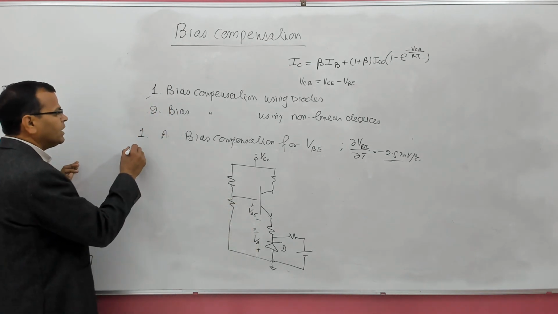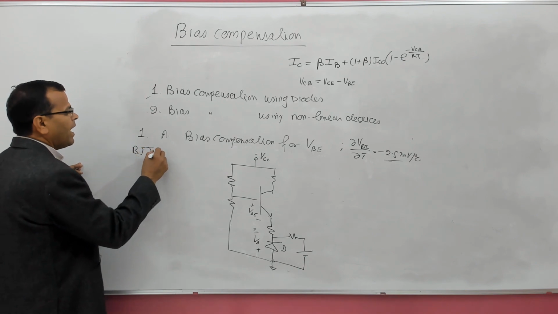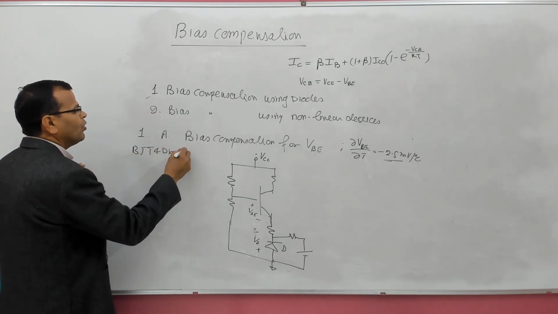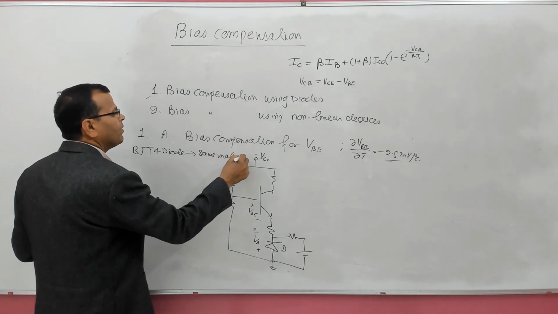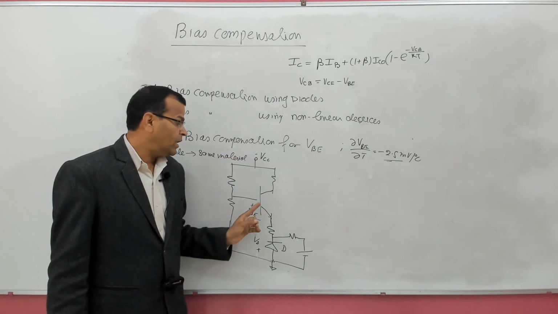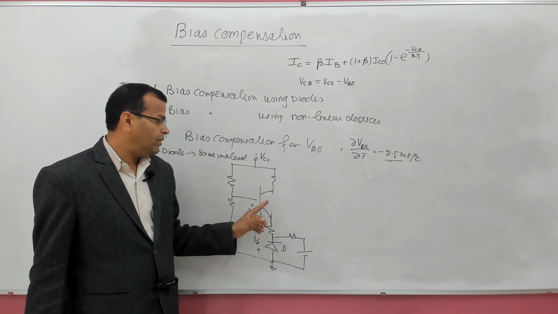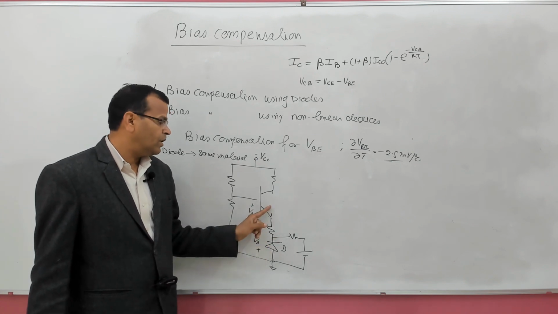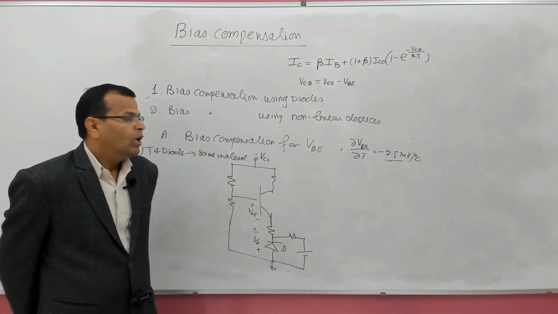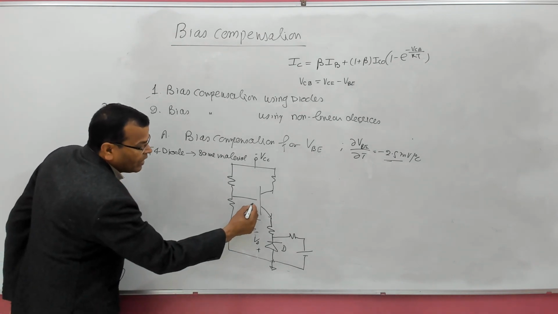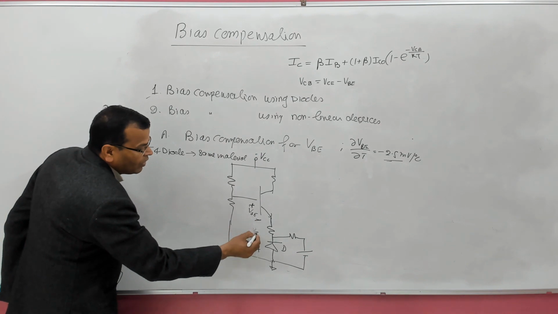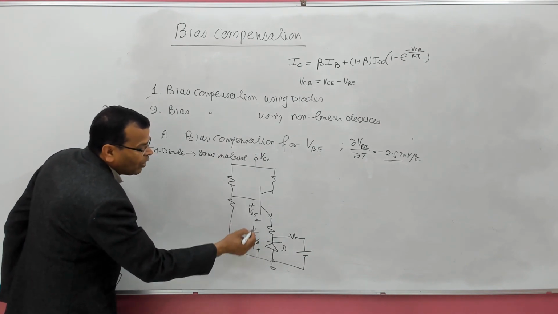The BJT and diode must both be made of the same material. It cannot happen that one is silicon and the other germanium. If it is silicon, it has to be silicon; if it is germanium, it has to be germanium. You can see one is a voltage fall and the other is a voltage rise, so both are opposing.